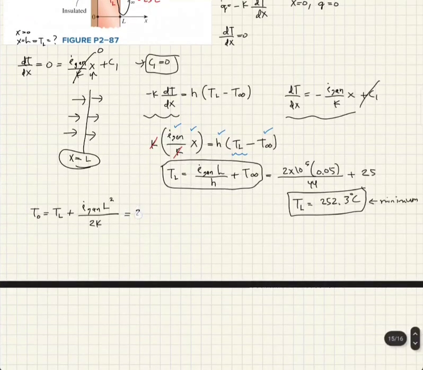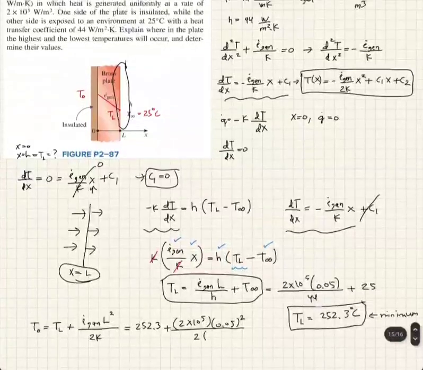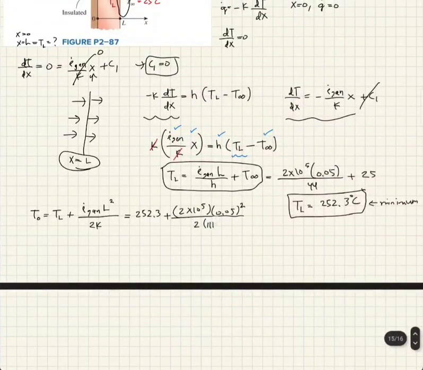So TL is 252.3 plus e dot gen, which is 2 times 10 to the 5, times 0.05 squared over 2k, which is 111. And our T at 0, which is our T maximum, equals 254.6 degrees Celsius.